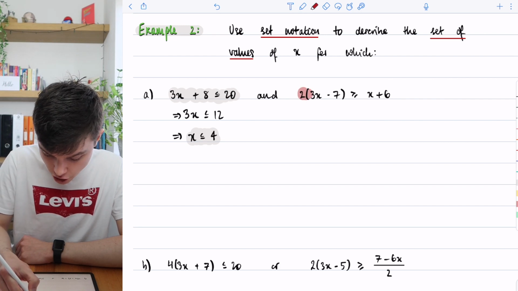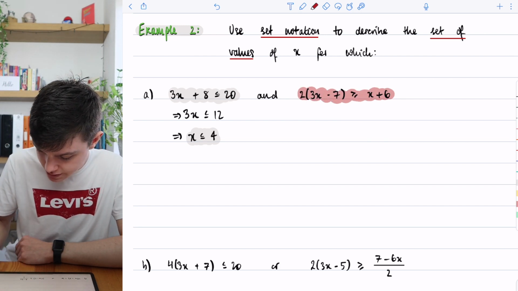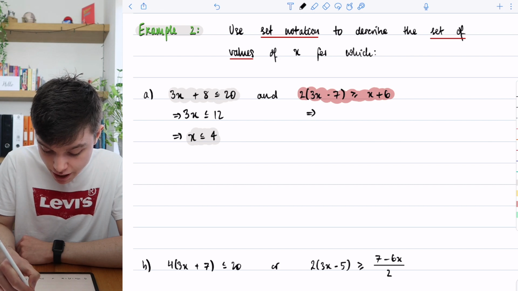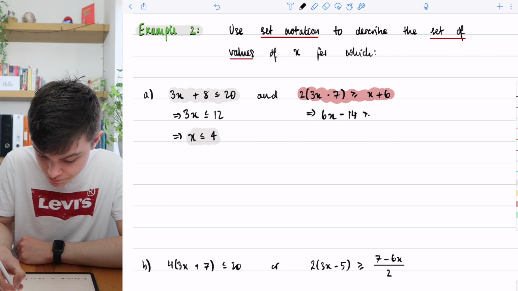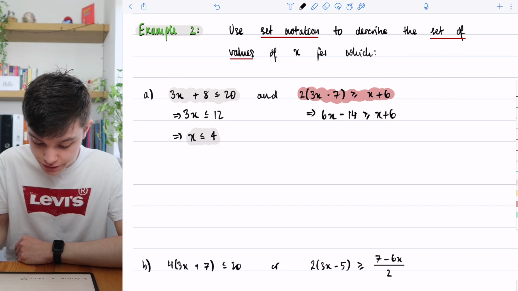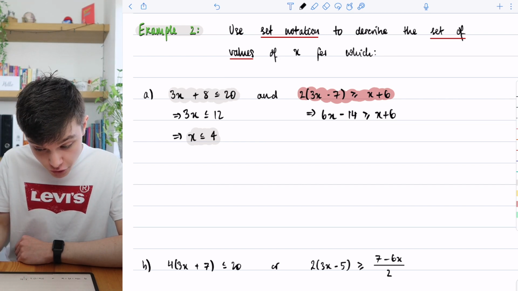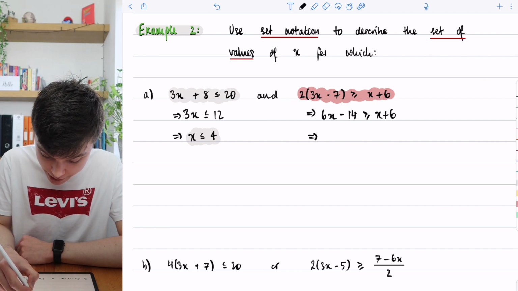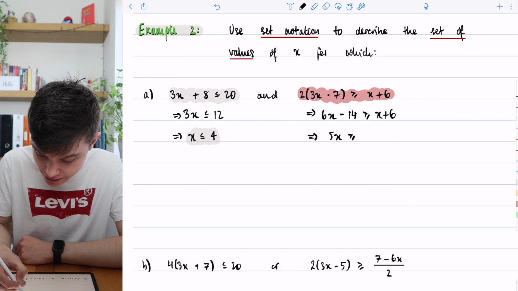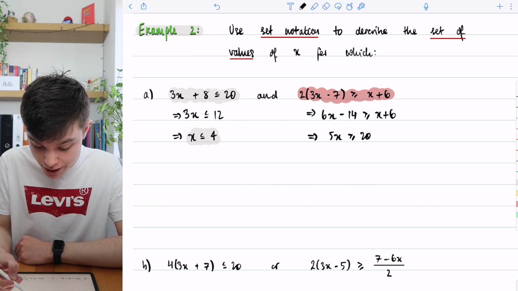Now in red, I'm going to solve this inequality. So what I'm going to do is expand the bracket to give me 6x minus 14 is greater than or equal to x plus 6. Then I'm going to add 14 to both sides and also minus x from both sides to give me 5x is greater than or equal to 20.